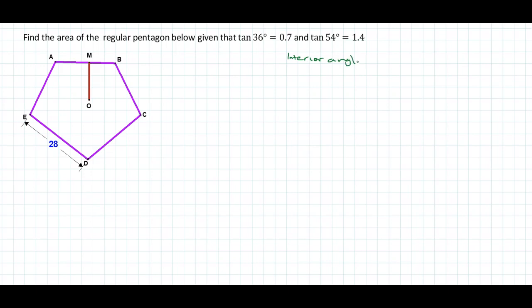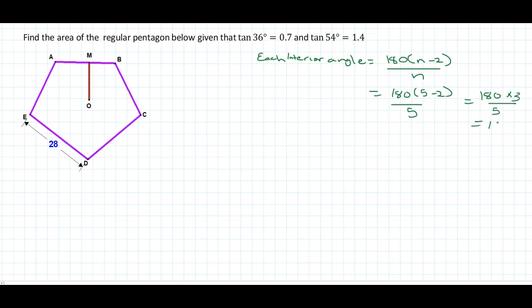Each interior angle is going to be 180 times n minus 2 divided by n, which is 180 times 5 minus 2 divided by 5, and we have 180 multiplied by 3 divided by 5, which is going to give you 108 degrees. So this is 108 degrees.